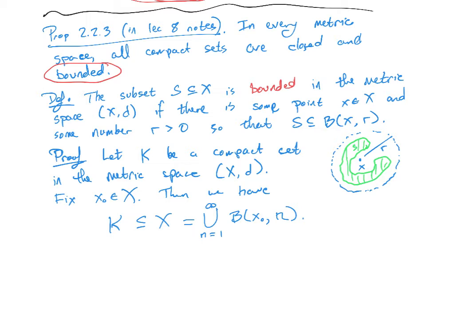Well, you take any point in X, it's at some distance away from x naught. And so it's going to end up in all of these balls, as long as n is sufficiently large. Okay, so our picture here would be that we've got an x naught, and now we're forming concentric circles.